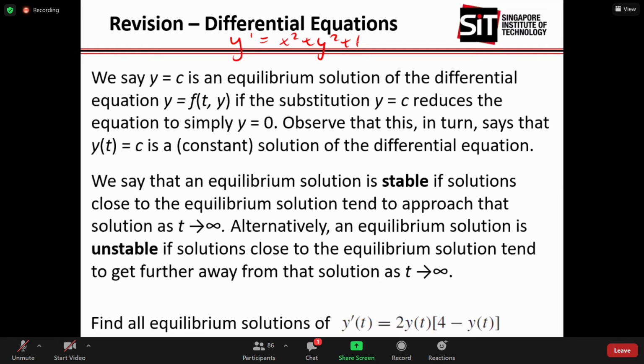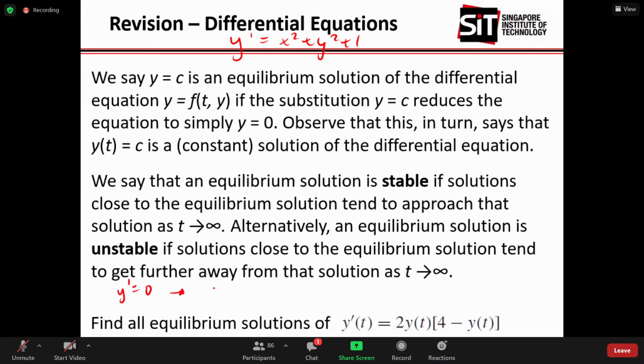So let's look at this worked example where we want to find the equilibrium solution associated with the differential equation y prime is equal to 2y times 4 minus y. So we need to solve this equation for y prime equal to 0.